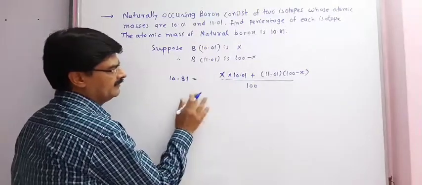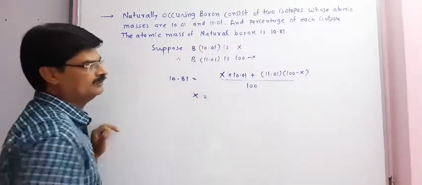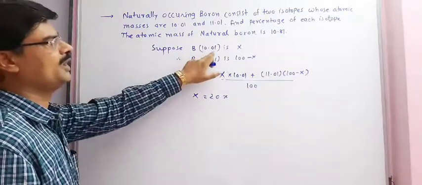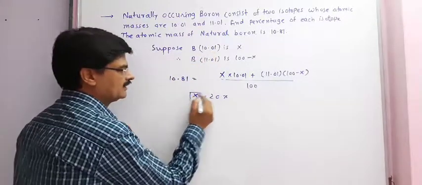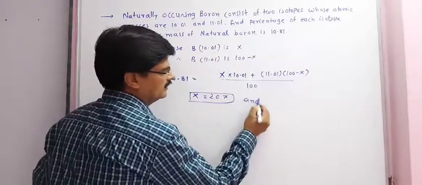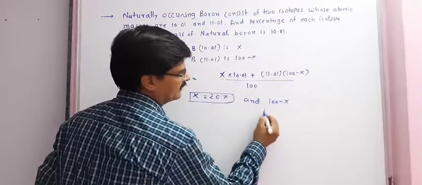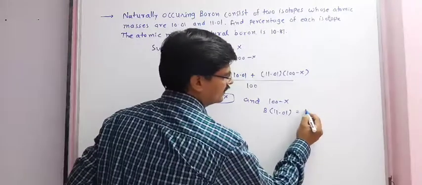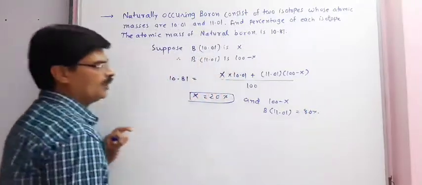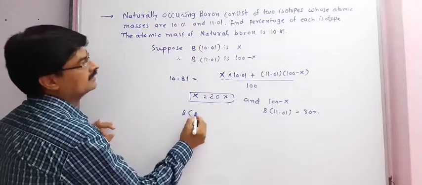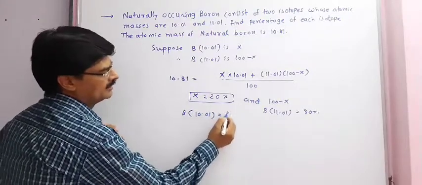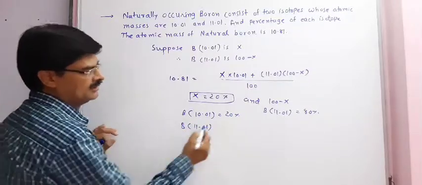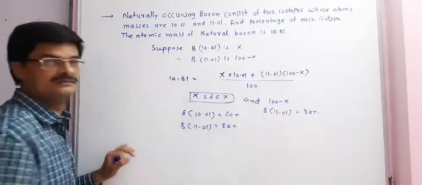On solving this, we will get X equal to 20%, which means boron with 10.01 is 20% and 100 minus X means boron with 11.01 is 80%.